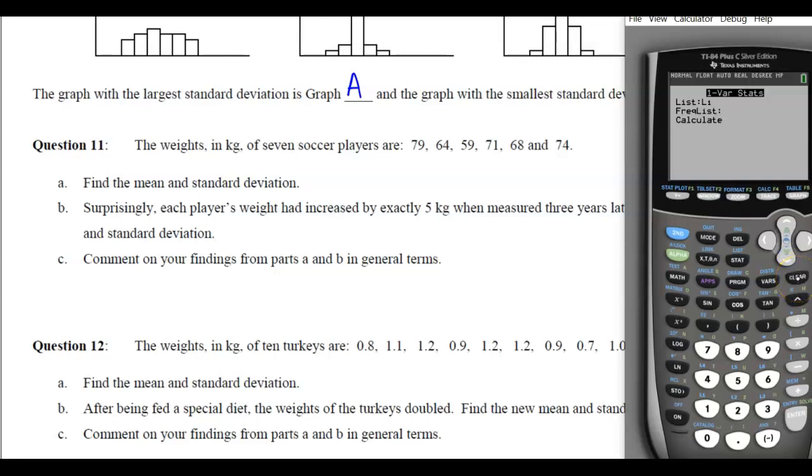Just clear off the frequency list. Mean doesn't say what to round to, so let's go to 2 decimal places.